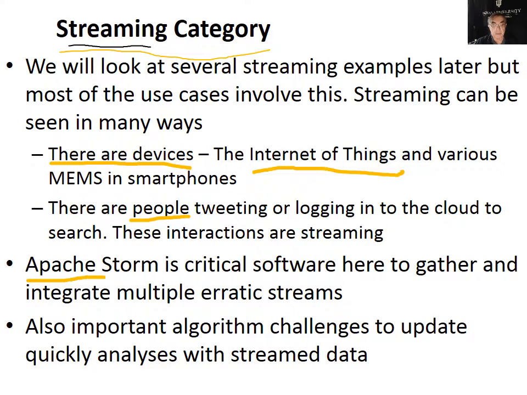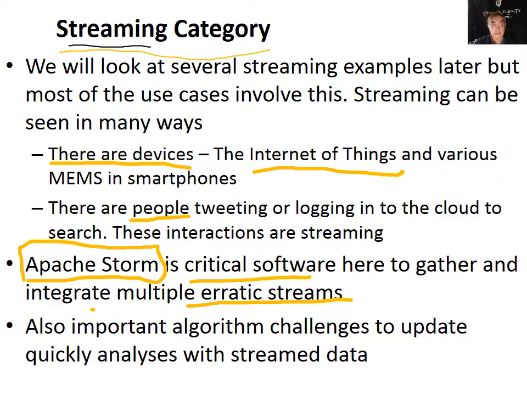When we come to technology, we will see Apache Storm. There also are S4 and Samza from Apache addressing streaming data. This type of data is critical because it has methodologies and architectures allowing it to gather and integrate multiple erratic streams. There are lots of them because there are lots of people and devices, and they're erratic because sometimes the people are asleep, sometimes they're banging away fast.